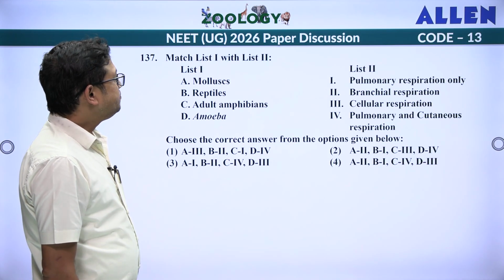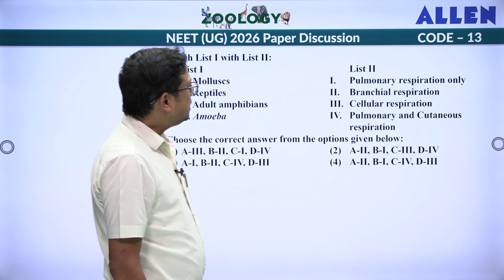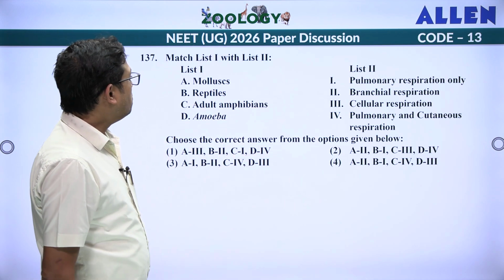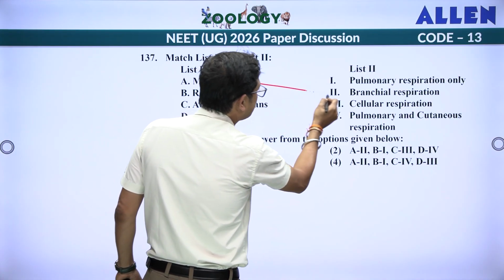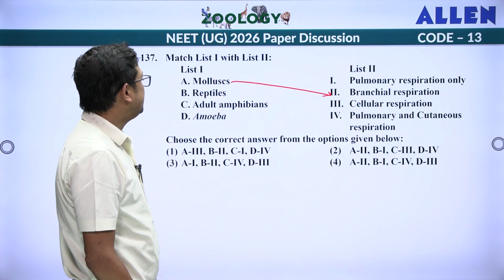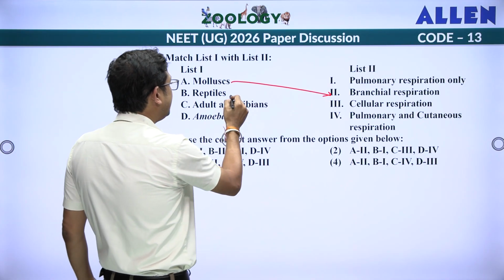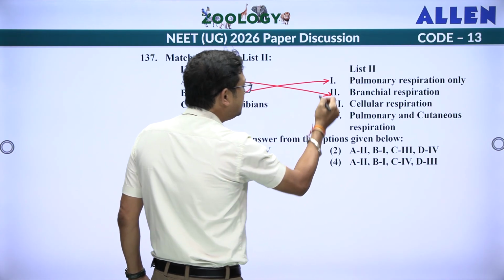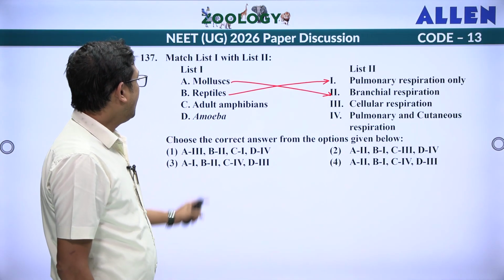Next, again match the column. List 1 is the name of the organism and list 2 is the respiratory structures. Mollusks respire by their gills. So, we can say it is branchial respiration. Reptiles, pulmonary respiration only, they respire through the lungs only because they are true land vertebrates.